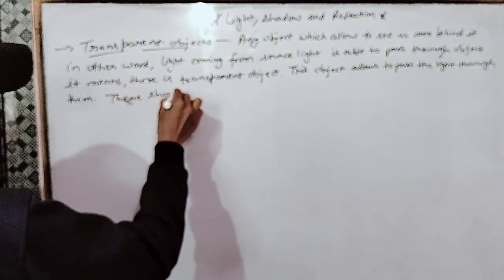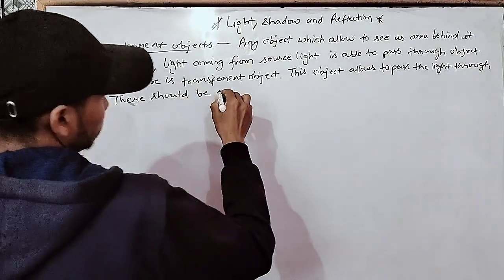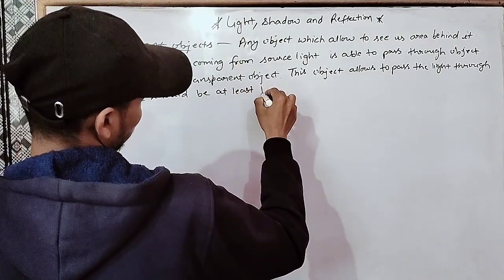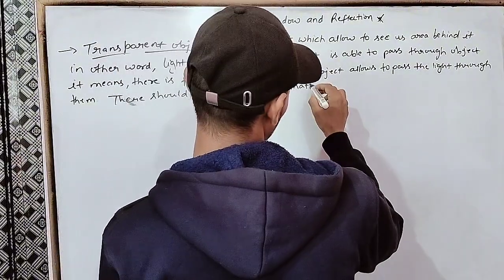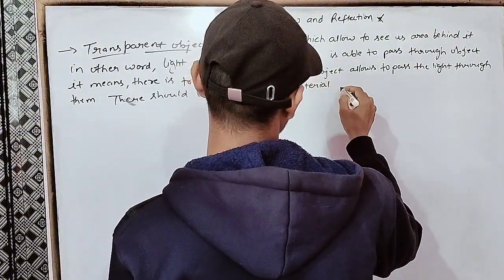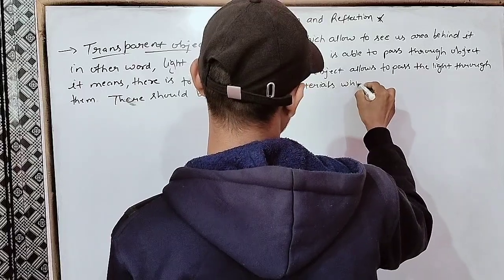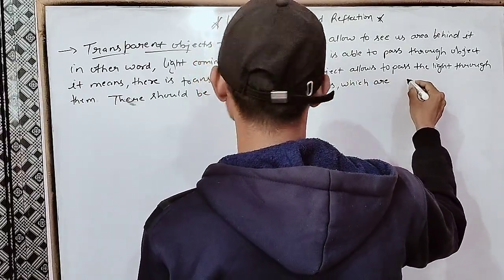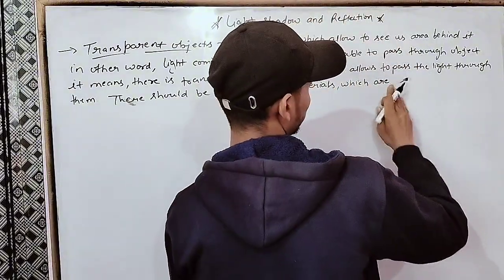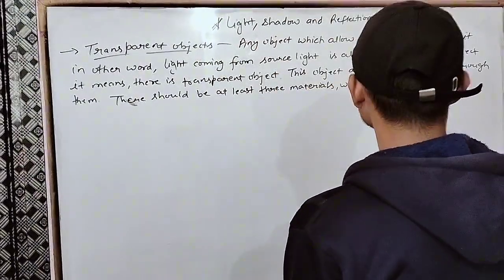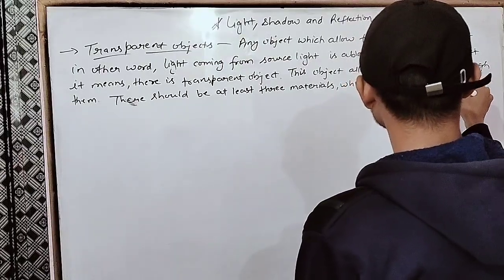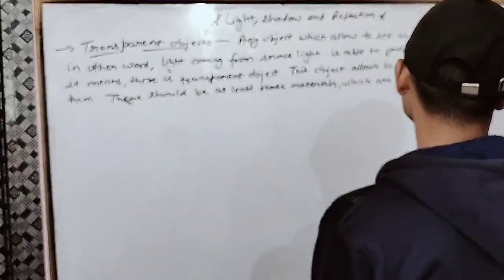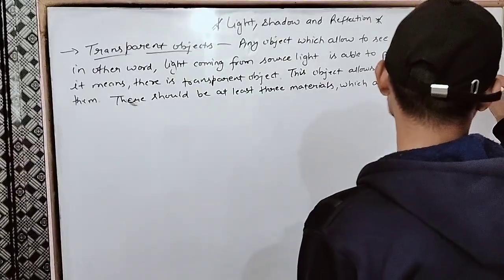There should be at least three materials: the source light, then the object, then a screen.